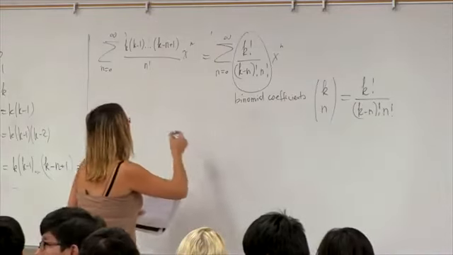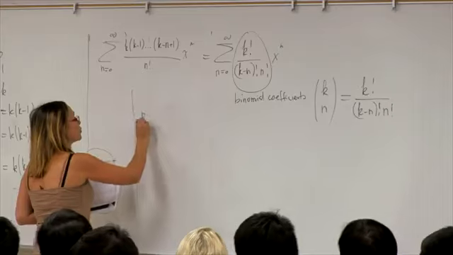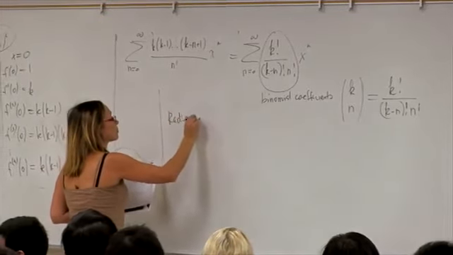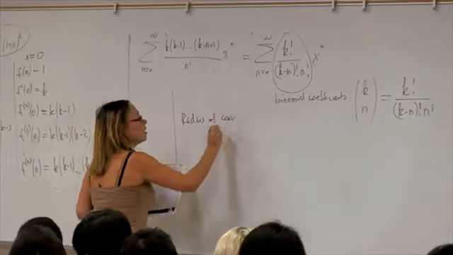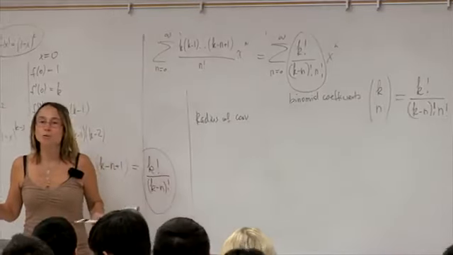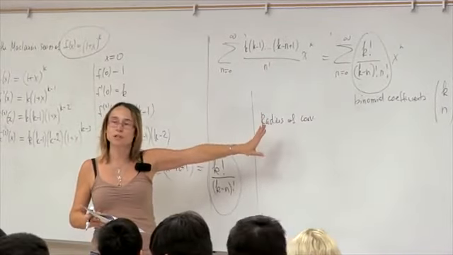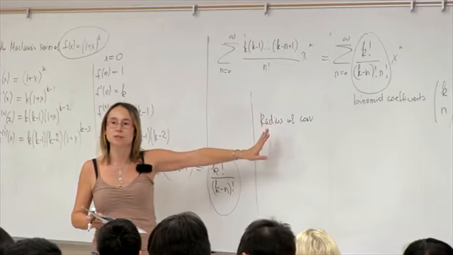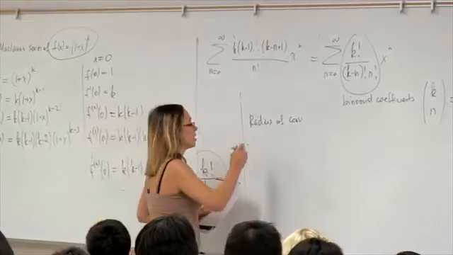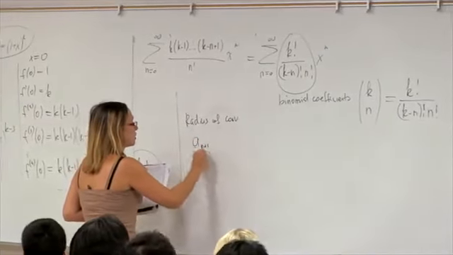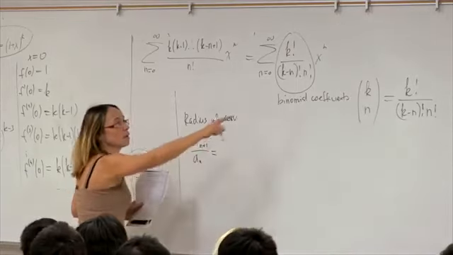The last, let's talk about the radius of convergence really quickly. Question to you: how do I evaluate the radius of convergence of any power series, including Maclaurin series? What do I do? What is the method? Ratio test. Okay, so a n plus 1 over a n.